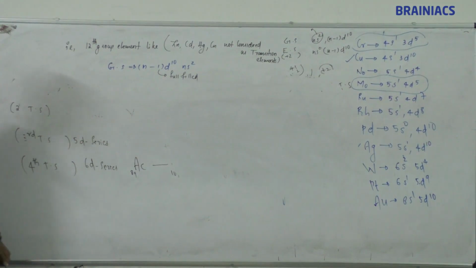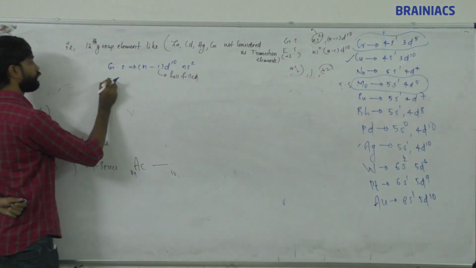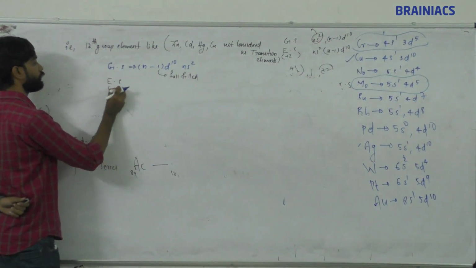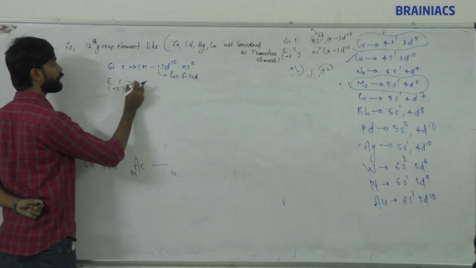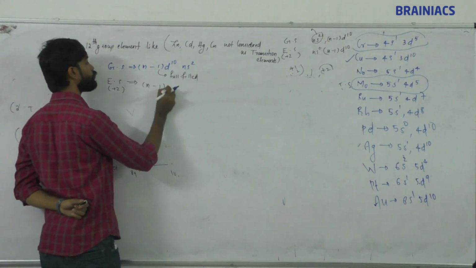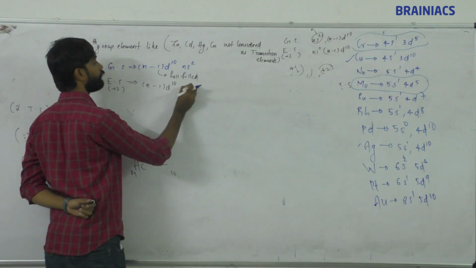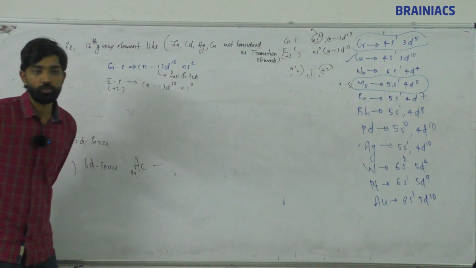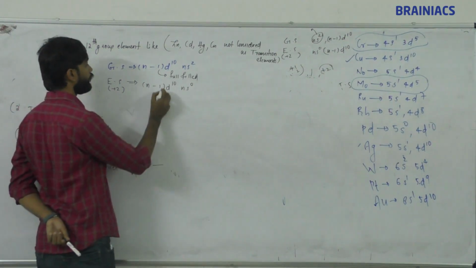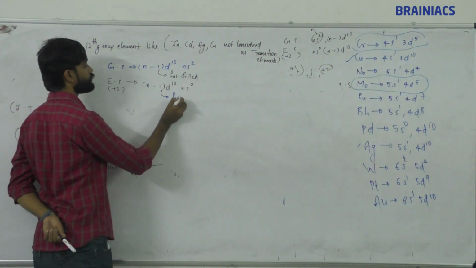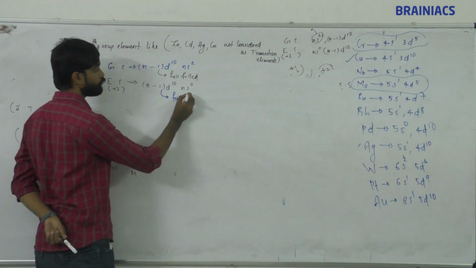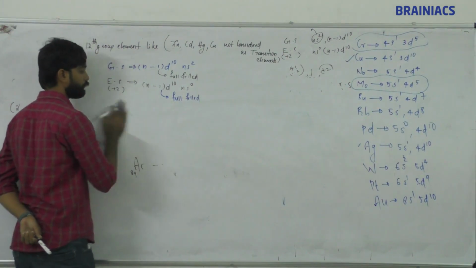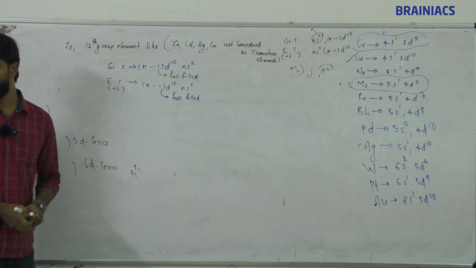In the excited state, the +2 state, the configuration is (n-1)d10 ns0. Still it is fulfilled. So they do not belong to transition elements.